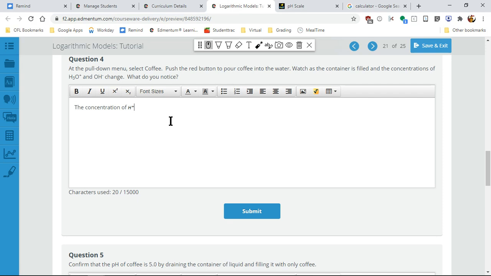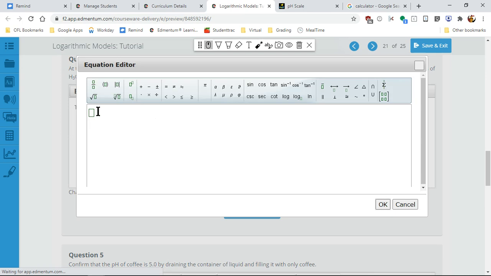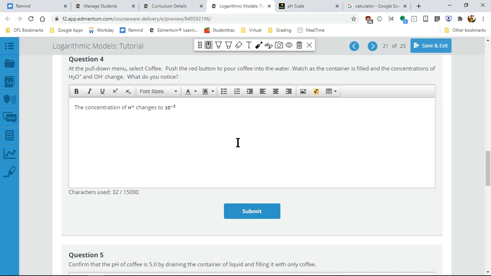So the hydrogen concentration changes to, I'm going to use my little power thing again, 10 to the power negative 5. So in other words, it changes to an exponent of 2.